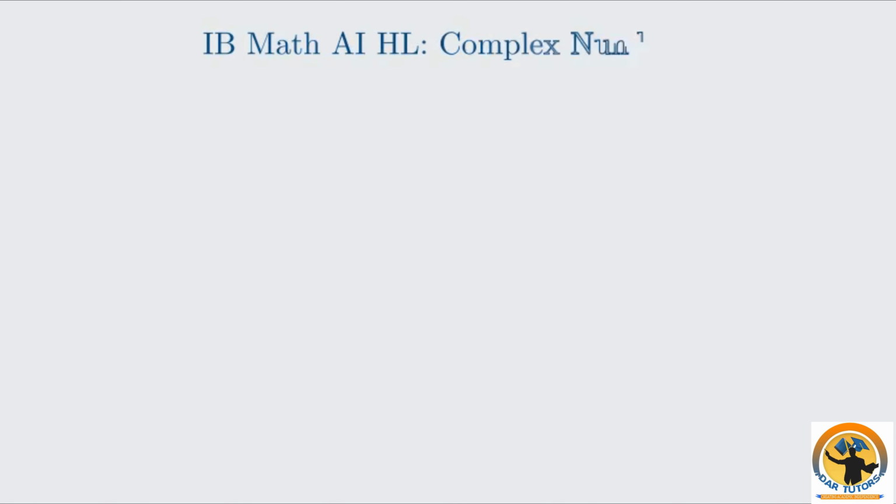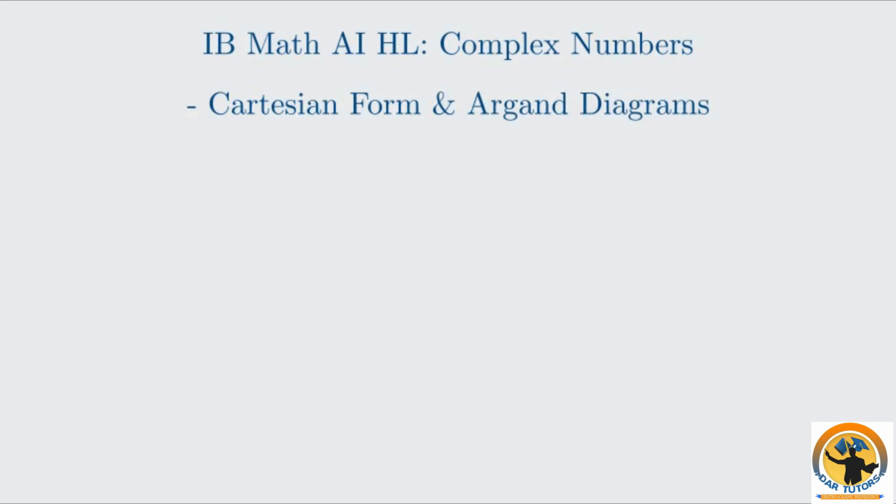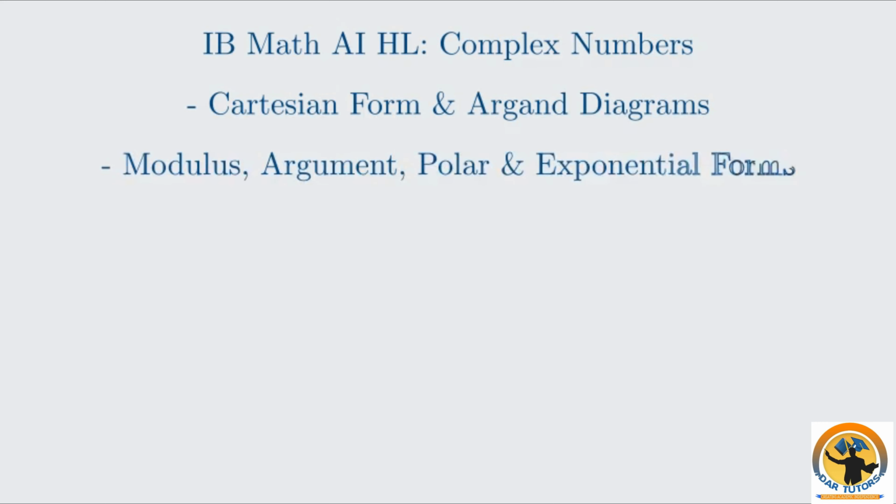That concludes our in-depth look at complex numbers for the IB Mathematics, Applications and Interpretation Higher Level curriculum. We've covered a wide range of essential topics today. We started by visualizing complex numbers with the Argand diagram and learned to work with Cartesian form. We then introduced modulus and argument, which are the length and direction of a complex number, and saw how these define the polar and exponential forms.